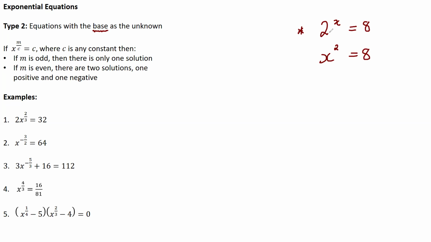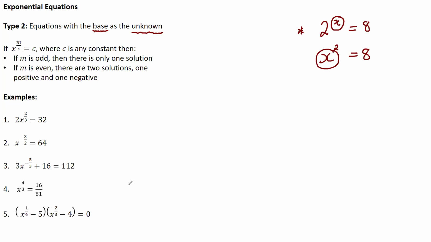In the first part, what we don't know is the exponent. In the second part, what we don't know is the base. So the next set of exponential equations are those where the base is unknown.